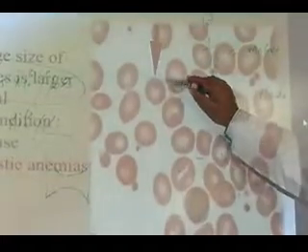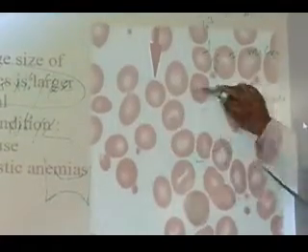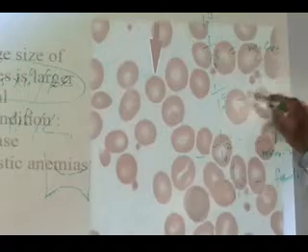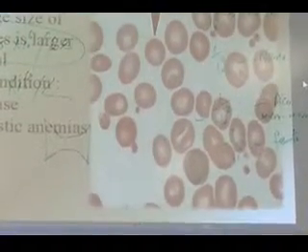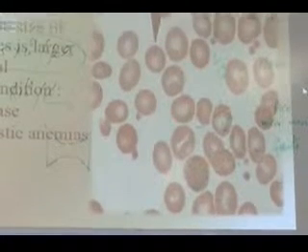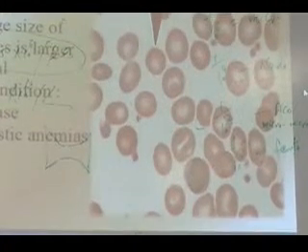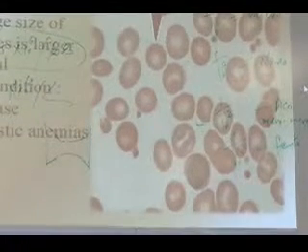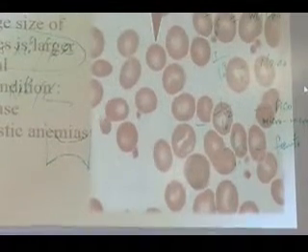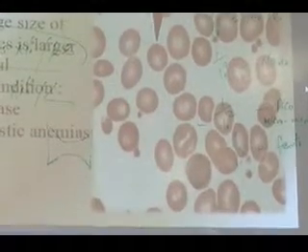Now you can see, if these are normal cells, these are larger than this, many cells, larger, and full of hemoglobin. Macrocytic and normochromic: larger in size, normal hemoglobin.